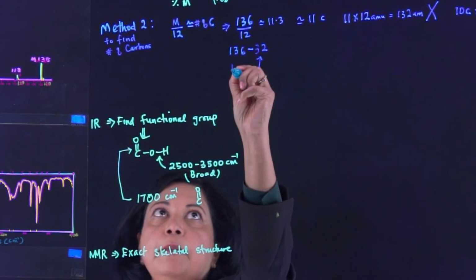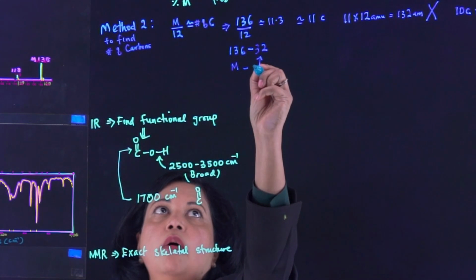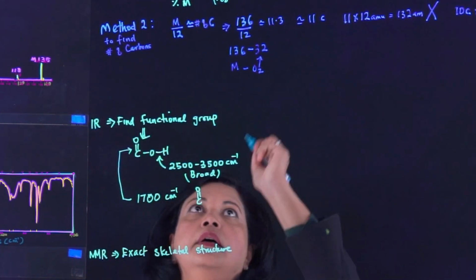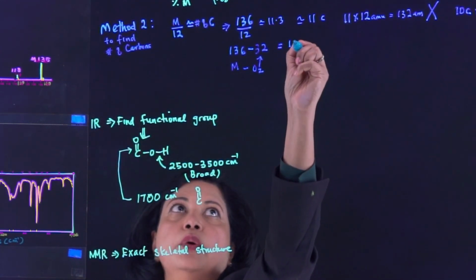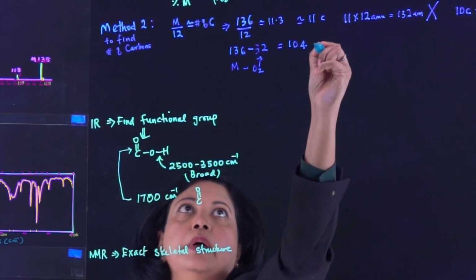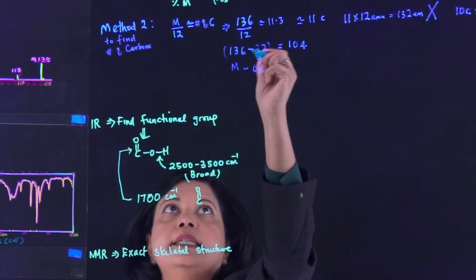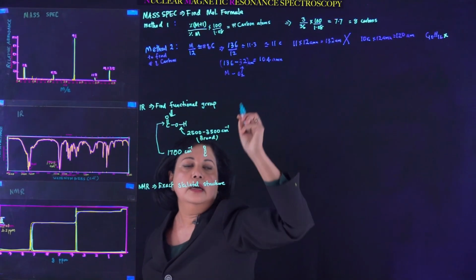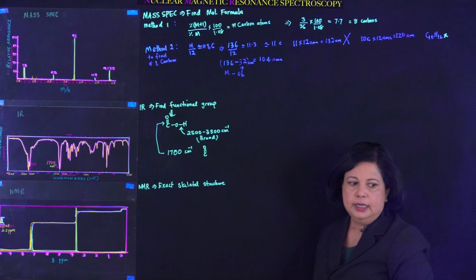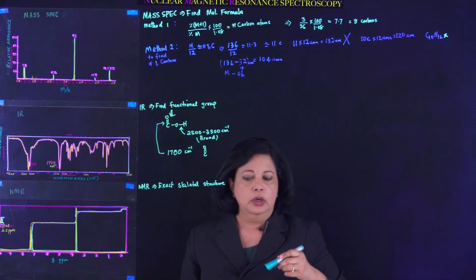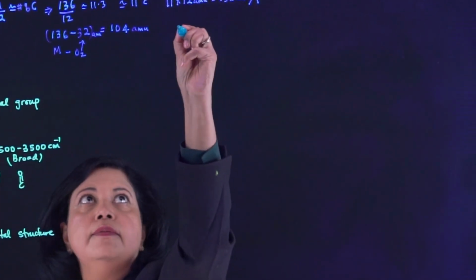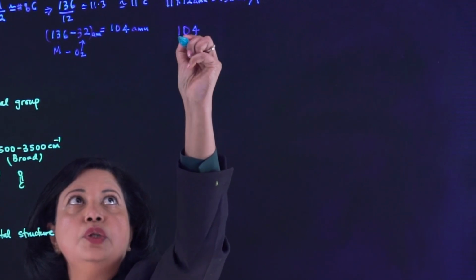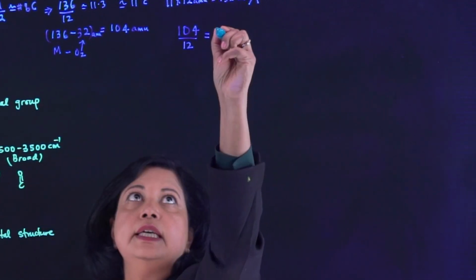This is the M minus O2. And that is going to give us 104 AMU. Now, let's see how many carbons we can fit in there. So if you take 104 divided by 12, that gives us 8.7.